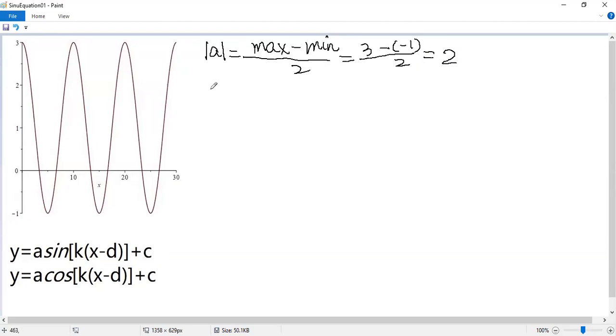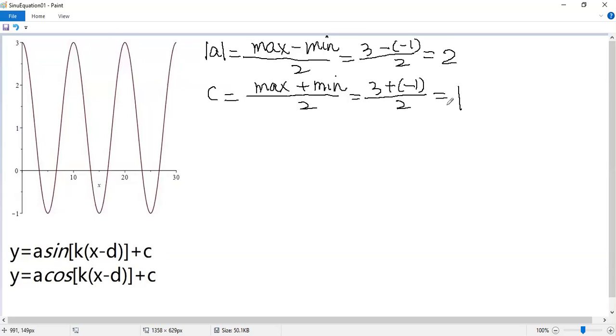The vertical shift c equals maximum plus minimum divided by 2. So 3 plus -1 divided by 2 equals 1. So you see the midline is y equals 1.